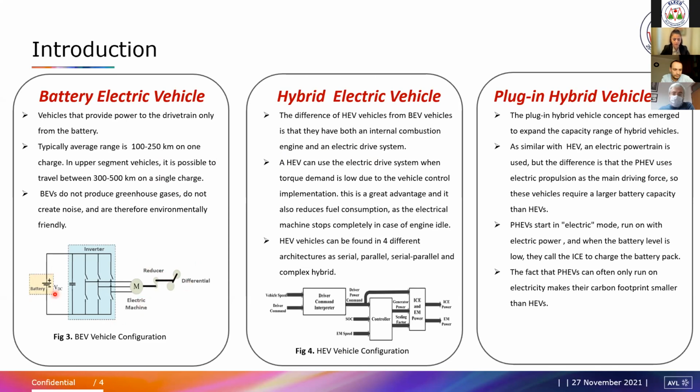We have one battery source, which is the high voltage battery, and we have an inverter to control the e-machine, and we have the reducer and differential to deliver torque to the wheels. The average range is between 100 and 200 kilometers per charge for now. The upper segment has a range between 300 and 500 kilometers on a single charge, but as I said, it's just the upper segment vehicles.